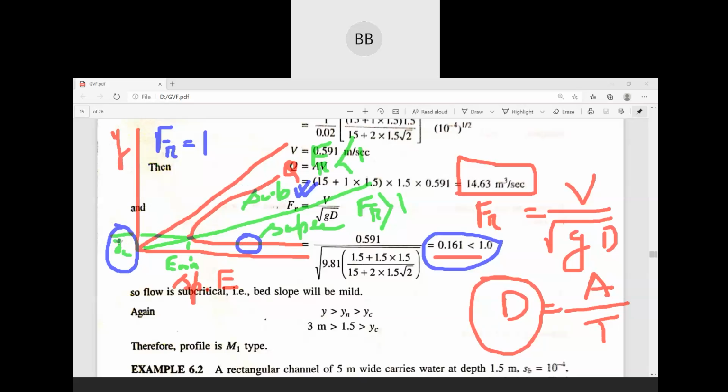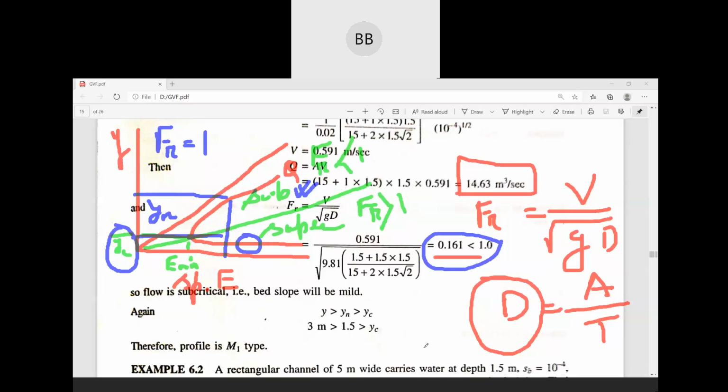So whatever the depth here, if it is subcritical, it will be greater than the YC value. This will be your YN.